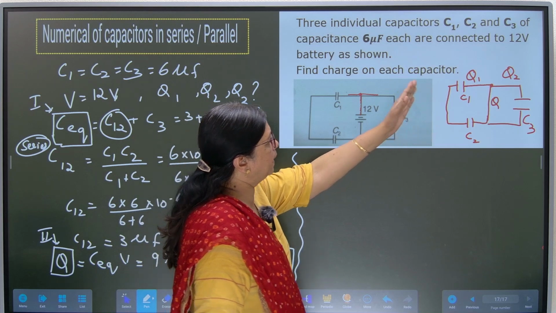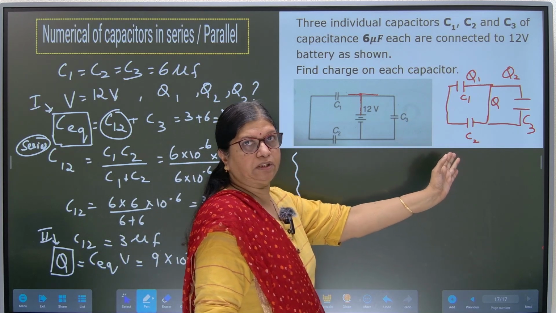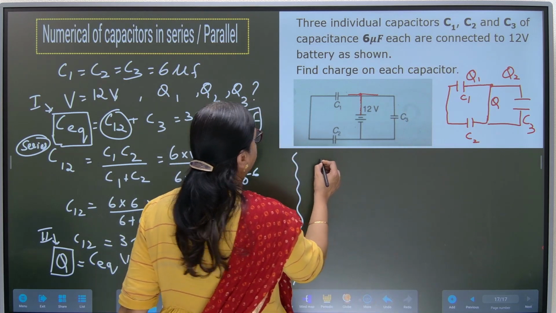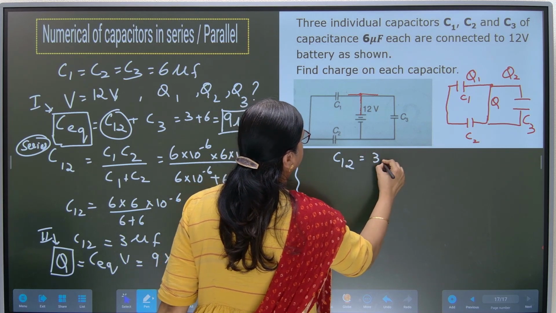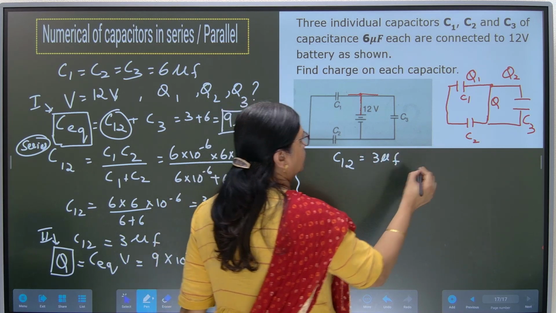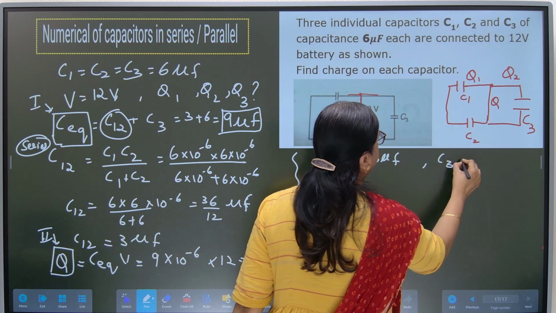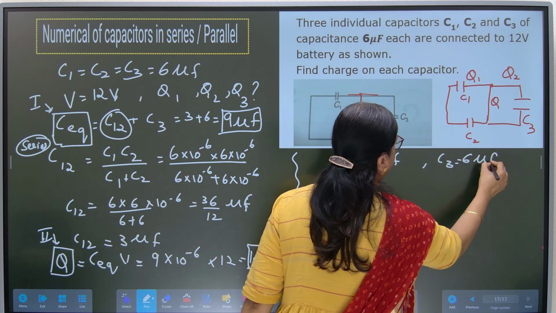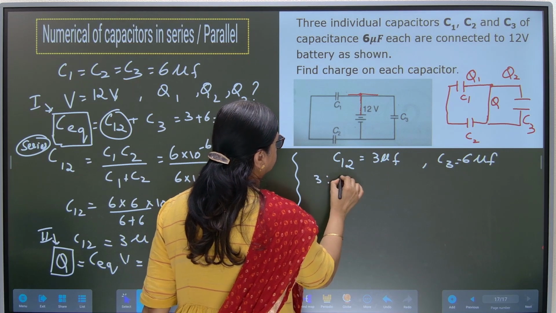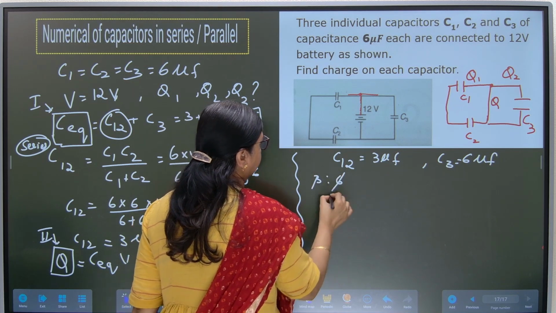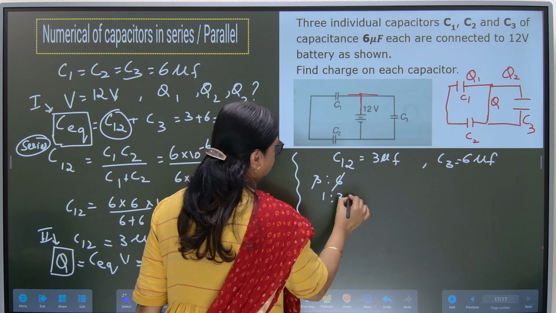Now in this branch of C1, C2 in series, we had C12 equal to 3 microfarad. C3 was already given to us as 6 microfarad. So find the ratio of 3 and 6. 3 is to 6, we can cut it, we get 1 is to 2.